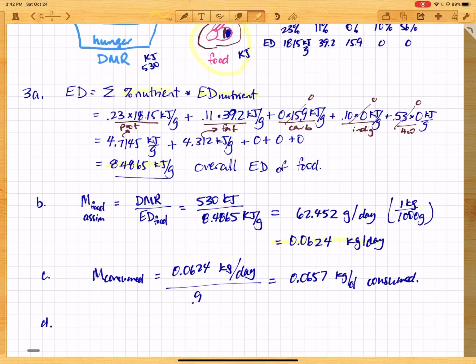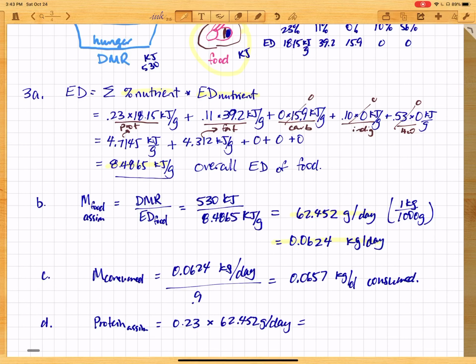So if we go with the gram amount, for protein, the food is 23% protein, so 0.23 times the amount of food, 62.452 grams per day.